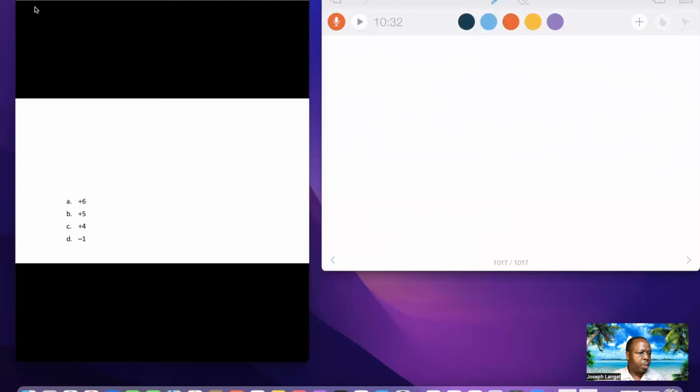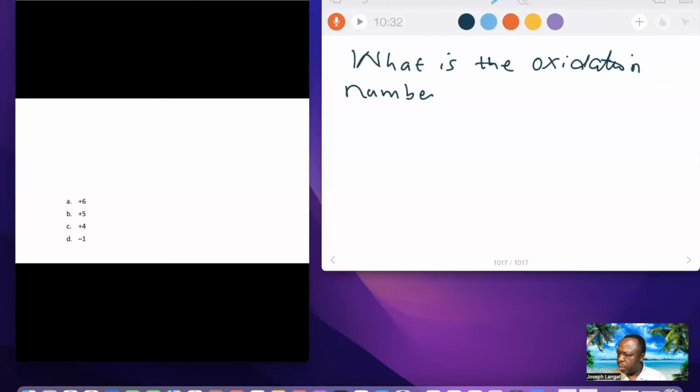The question for the multiple choice you see is, what is the oxidation number of nitrogen? That is the question.